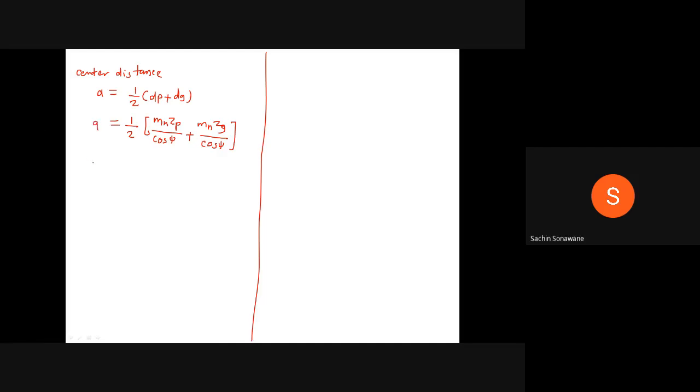Therefore, which equation will you get? Mn we will take common. a is equal to Mn into bracket Zp plus Zg divided by 2 cos psi. Now substitute the values. 165 is equal to 4 into bracket 25 plus 50 divided by 2 into cos of psi.